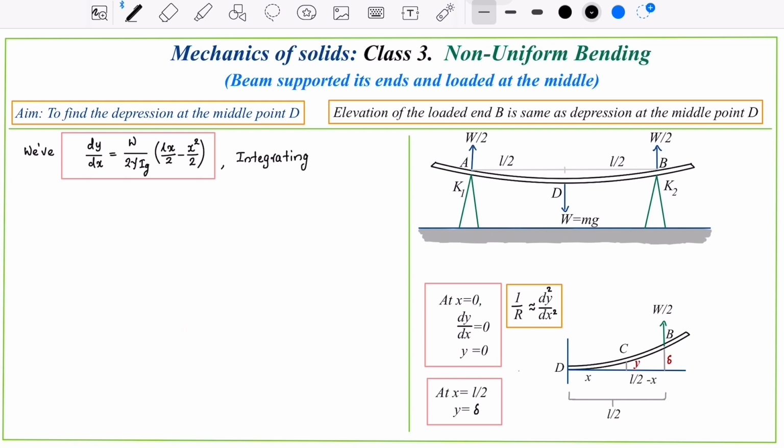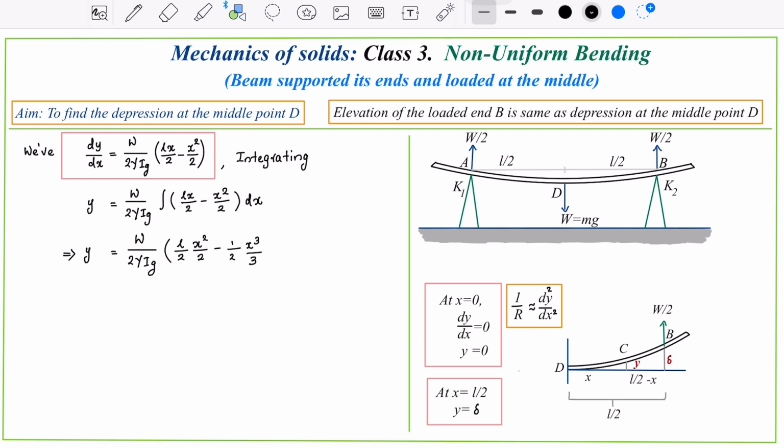We will get y, the integral of dy by dx, is y. So y is equal to W divided by 2YIg into the integral of Lx by 2 minus x square by 2 dx. This implies y is equal to W divided by 2YIg into the integral of Lx by 2, that is L by 2 into x square by 2, minus the integral of x square by 2, that is 1 by 2 into x cube by 3, plus a constant of integration C2.